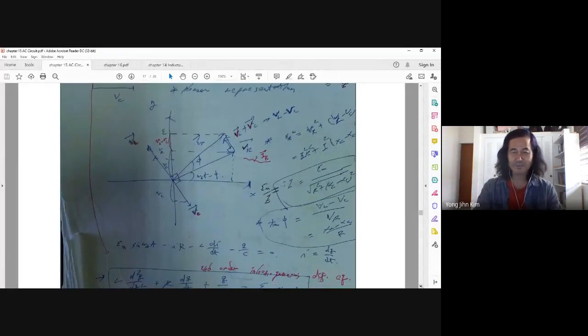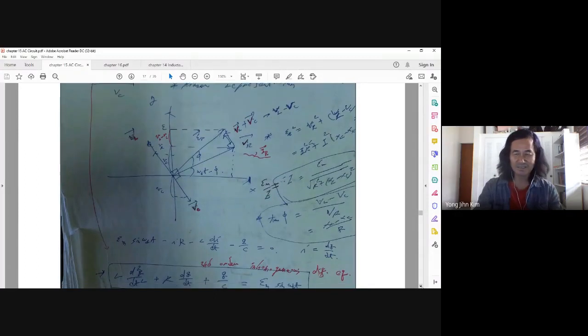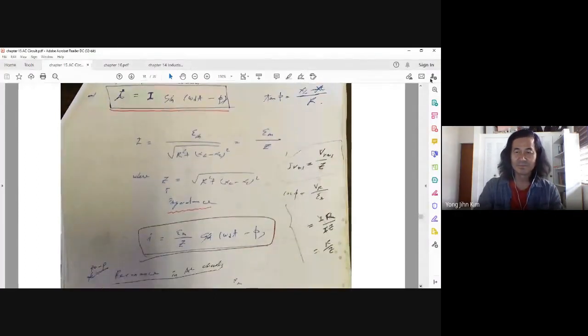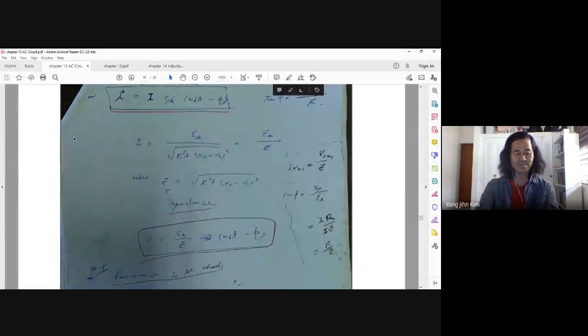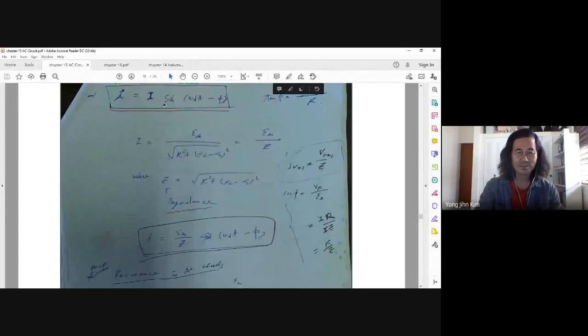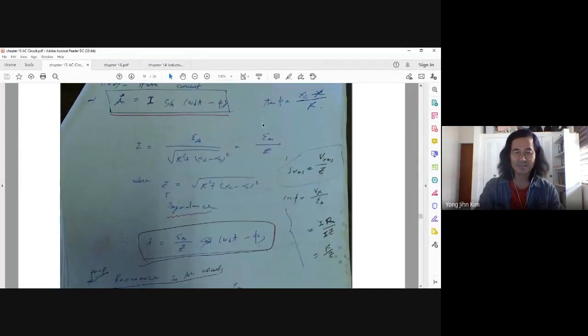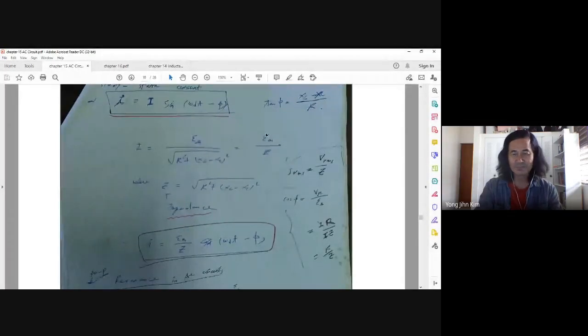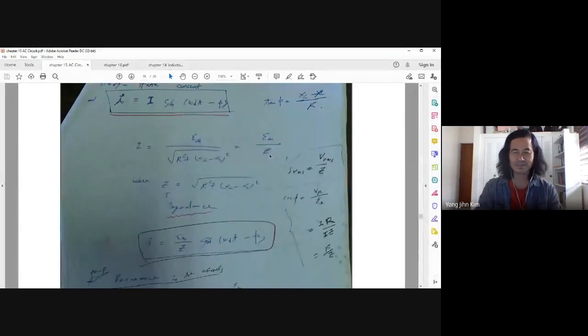You see how powerful the phasor technique is. We assumed that the electric current is the current amplitude times sine omega t minus phi. Then you find that the current amplitude is the voltage amplitude divided by the impedance, and the impedance is the square root of R squared plus XL minus XC squared.